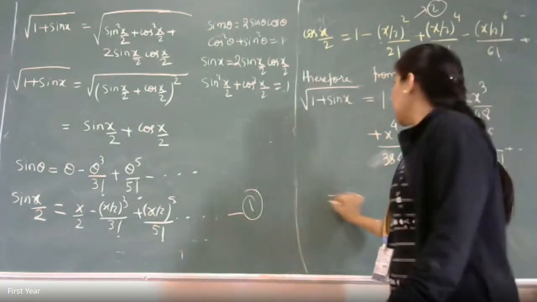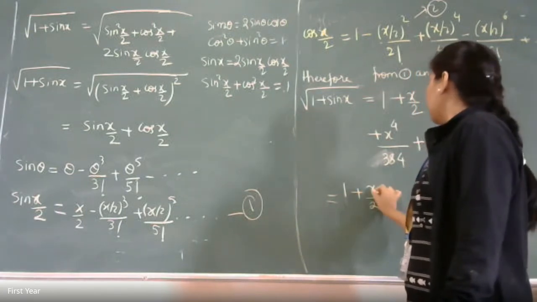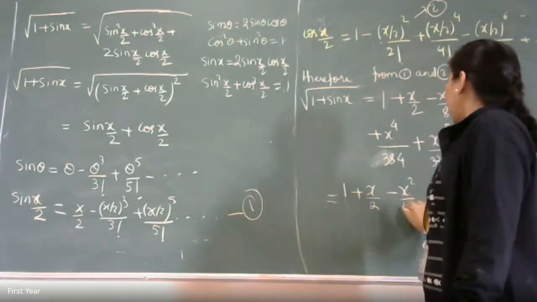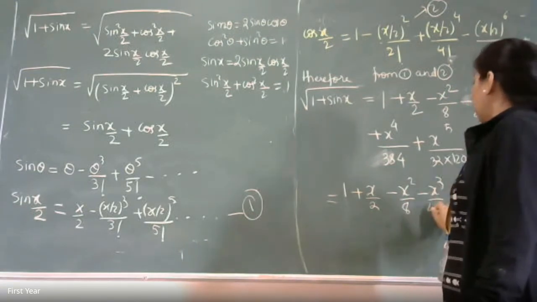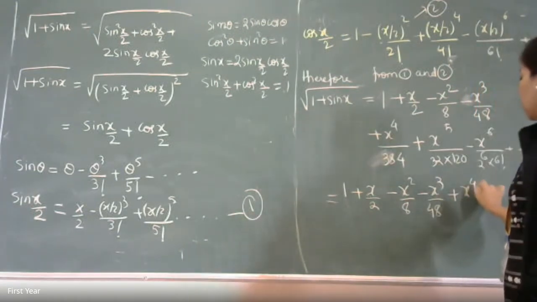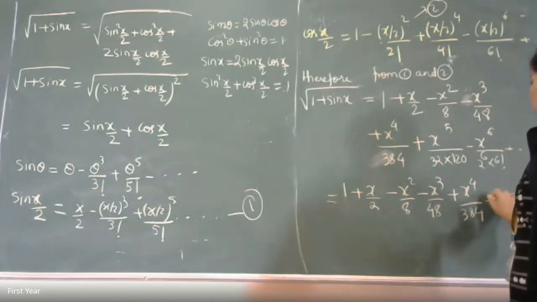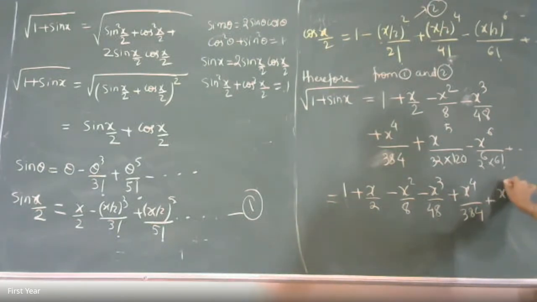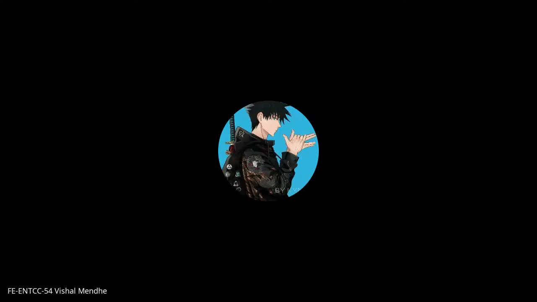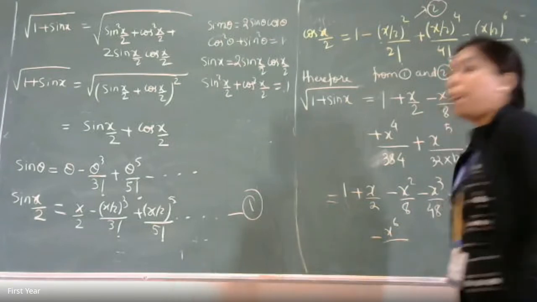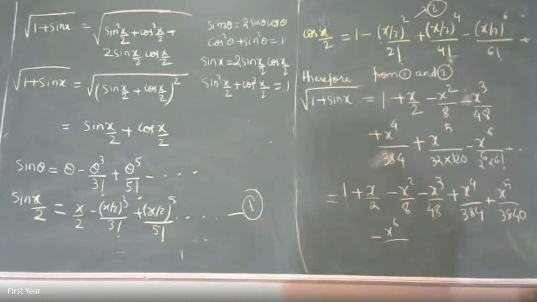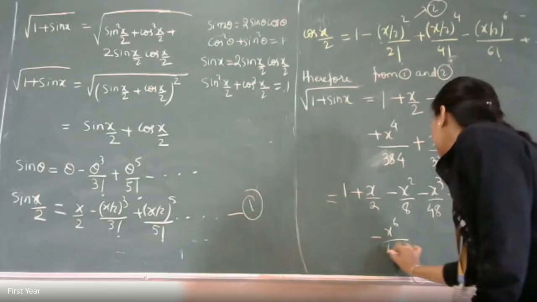So the final answer is 1 plus x by 2 minus x square by 8 minus x cube by 48 plus x raised to 4 by 384 plus x raised to 5 by how much is that? 3840 and minus x raised to 6 by 2 raised to 6 into 6 factorial, 46080.